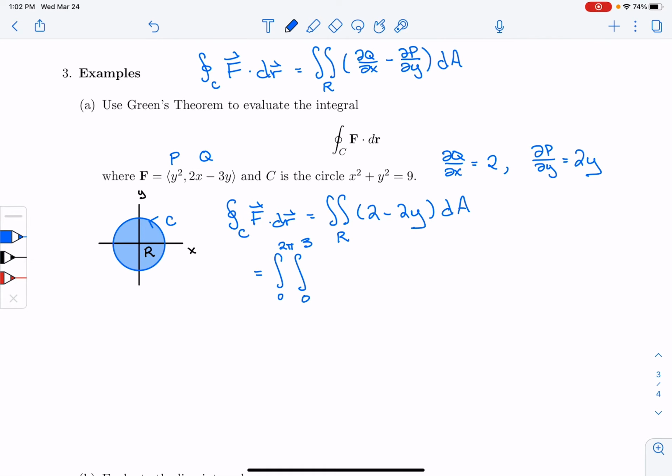So then what I need to integrate is 2 minus, and then y is going to be r sine theta. Okay, so 2y is 2r sine theta. And then dA is going to be r dr d theta.